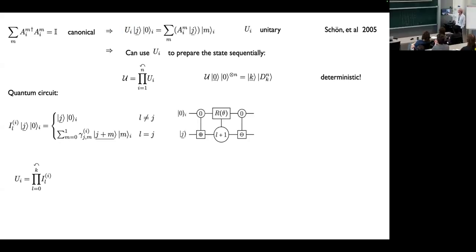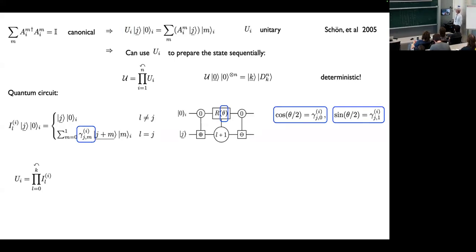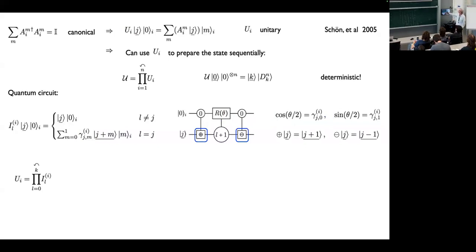And this turns out to be this simple circuit that does that. So this angle is in terms of the coefficients appearing in the MPS representation. And these are gates that just raise the state of the qubit from J to J plus 1, and this one lowers it from J to J minus 1.